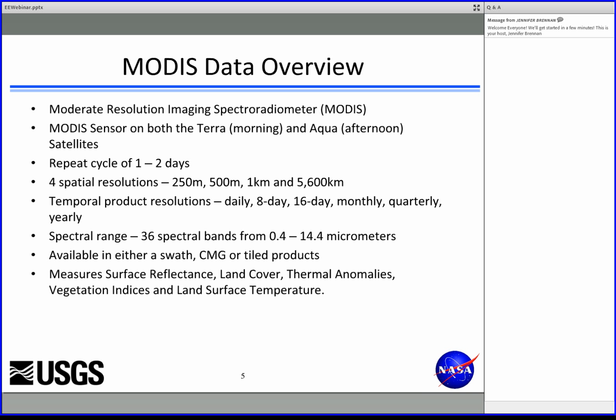Its detectors measure 36 spectral bands and acquire data at 3 spatial resolutions, as you can see here: 250 meter, 500 meter, and 1 kilometer. Some of the MODIS products available from the LPDAAC include surface reflectance products, land cover, thermal anomalies, vegetation indices, and land surface temperature.